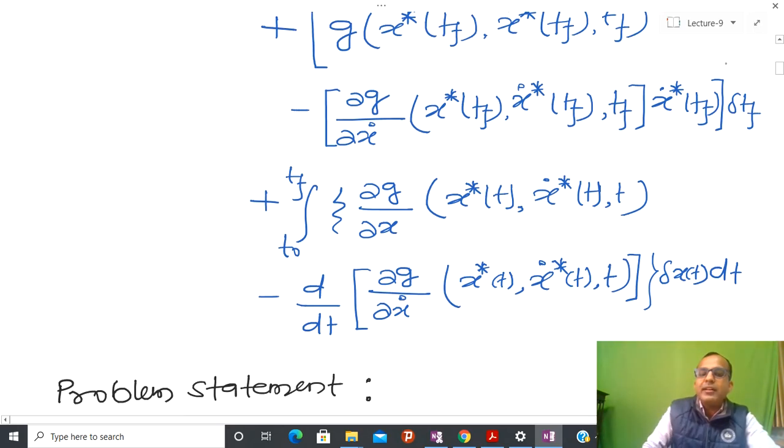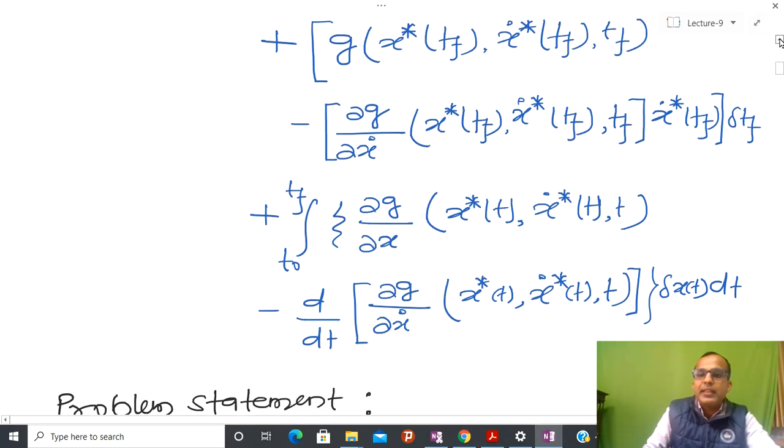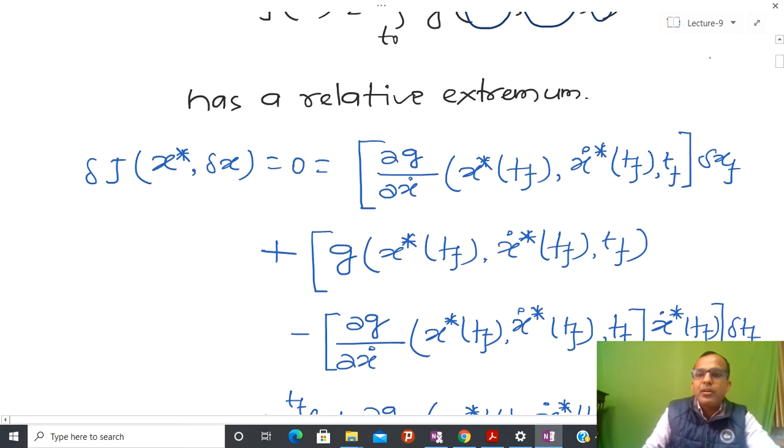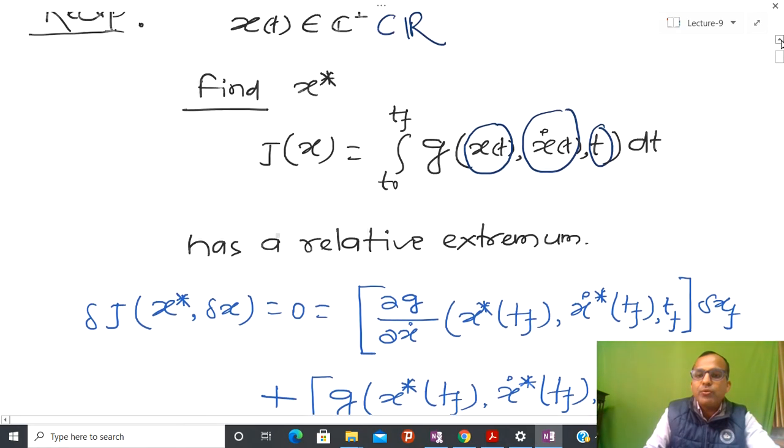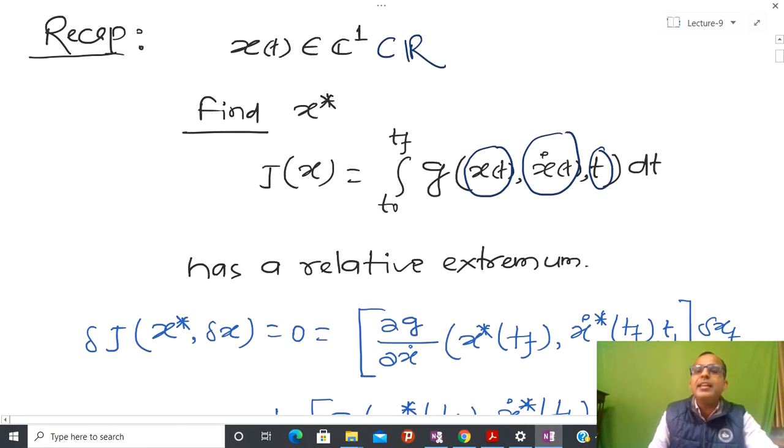If we are going to find the necessary condition for the extremum or relative extremum, we have to substitute the variation equal to 0, based on the boundary conditions.